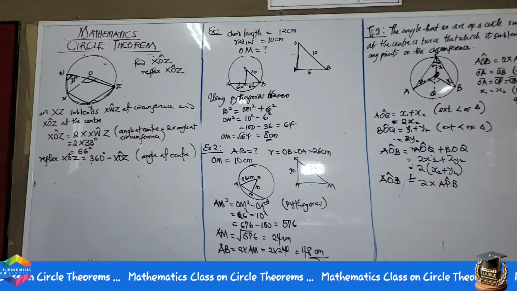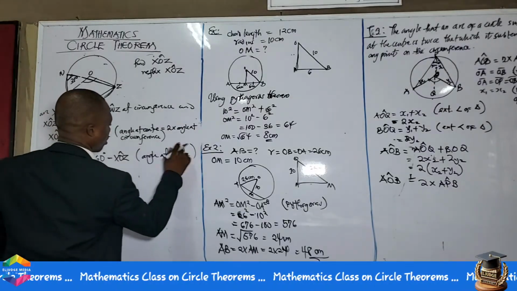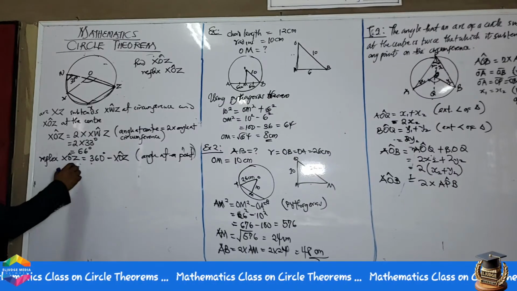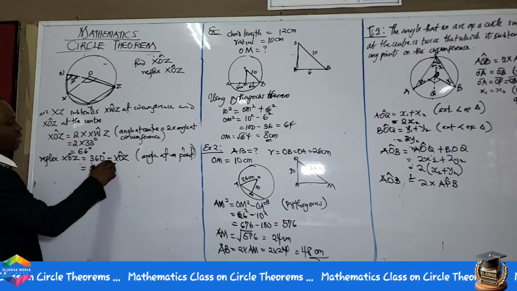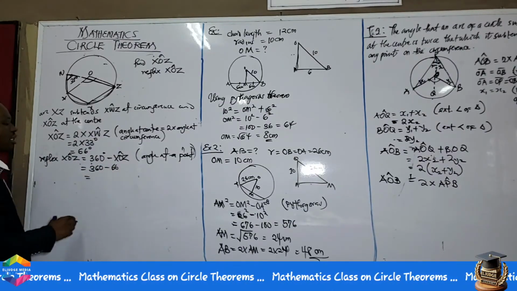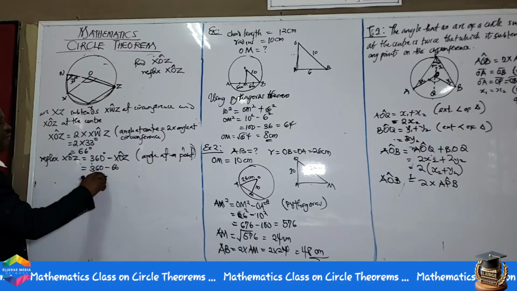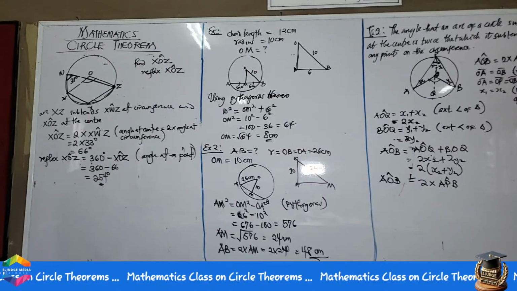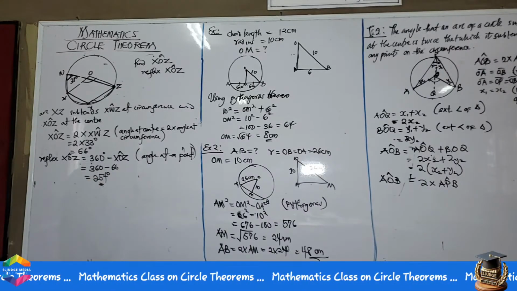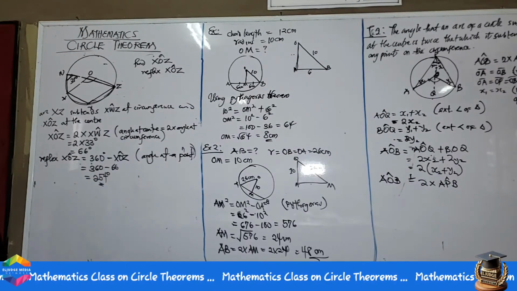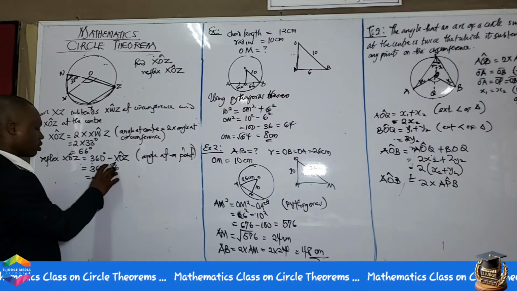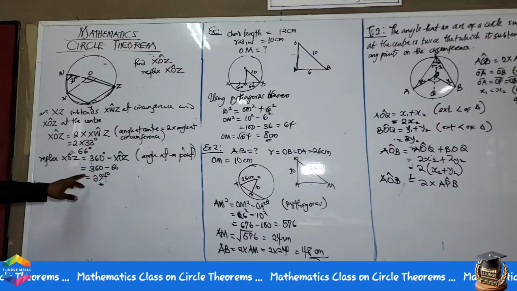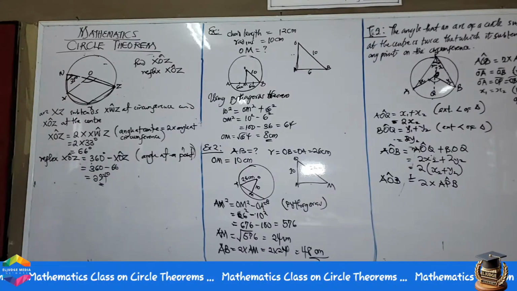So we just write 360 minus 66 degrees, and this will give us 294 degrees. Sorry, 294. We have found the reflex XOZ.